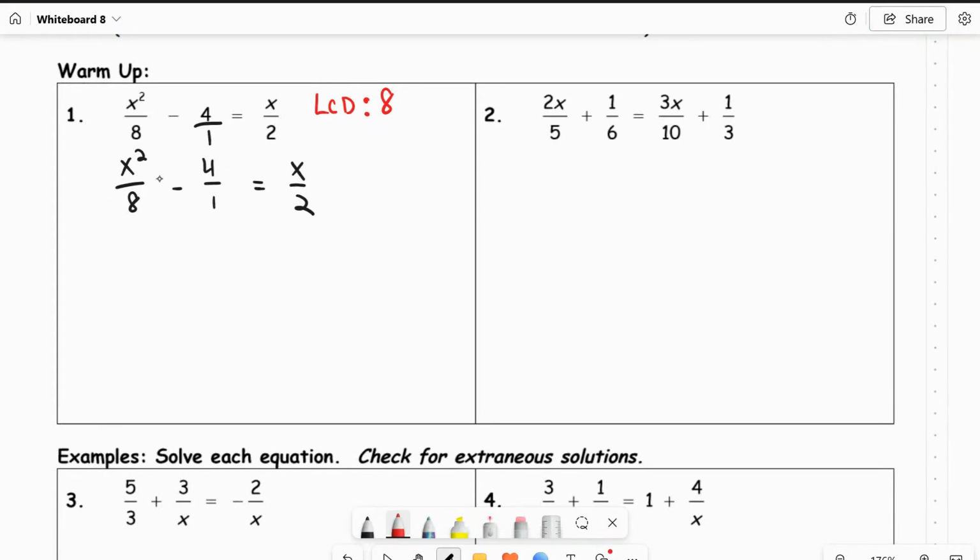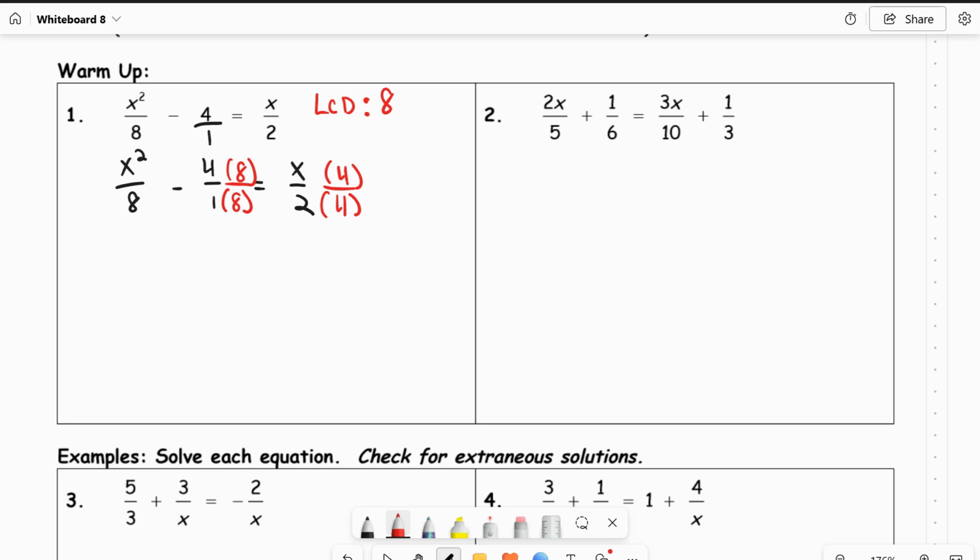My first fraction already has denominator 8. In my second fraction, I have 1, so 1 times 8 equals 8, so I'd have to multiply both my numerator and my denominator by 8. Since my denominator is 2 in my last fraction, I could multiply this one by 4 over 4.